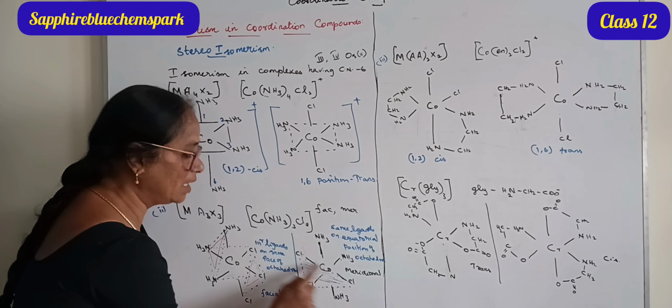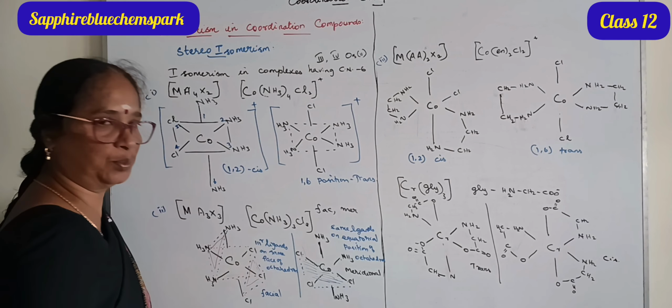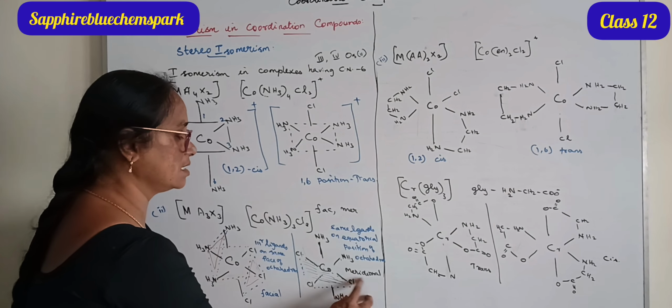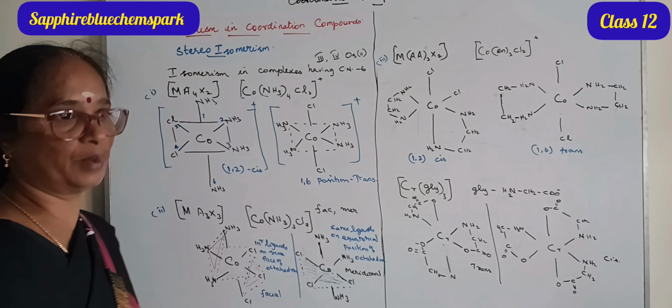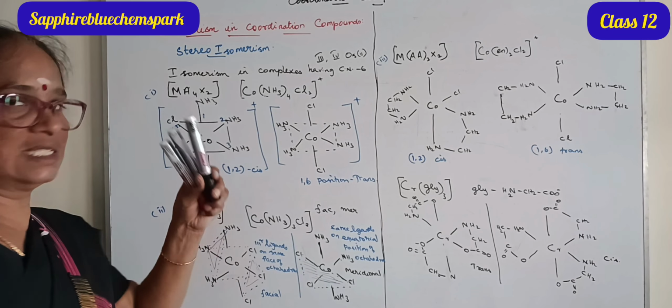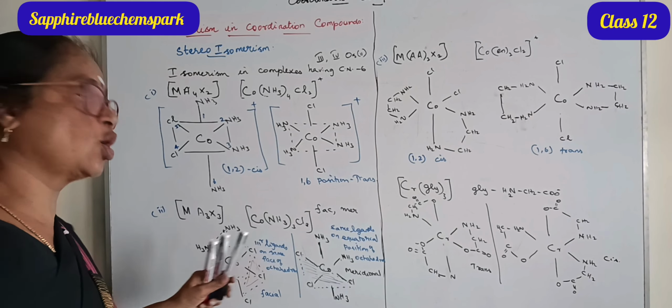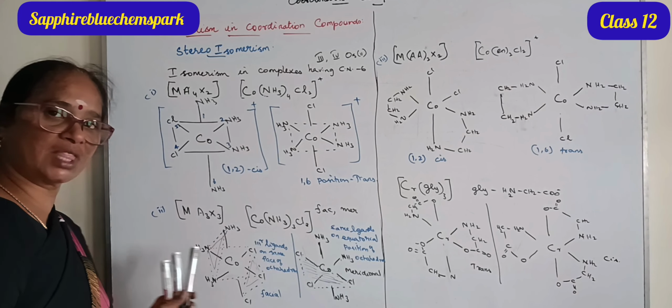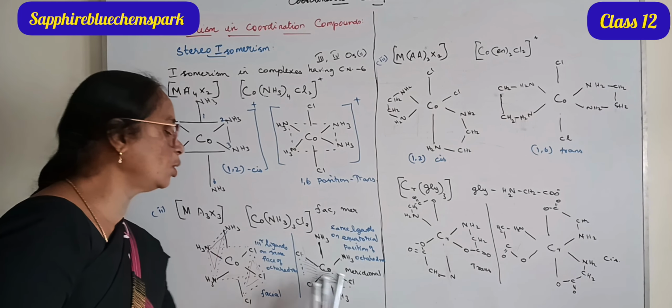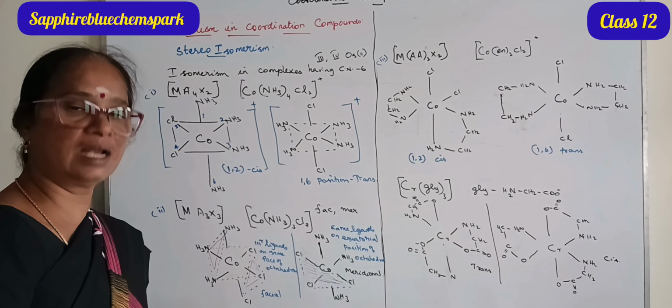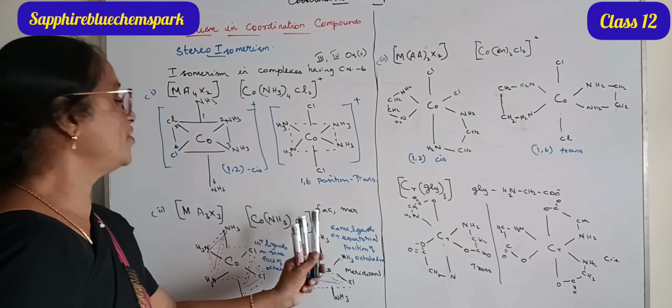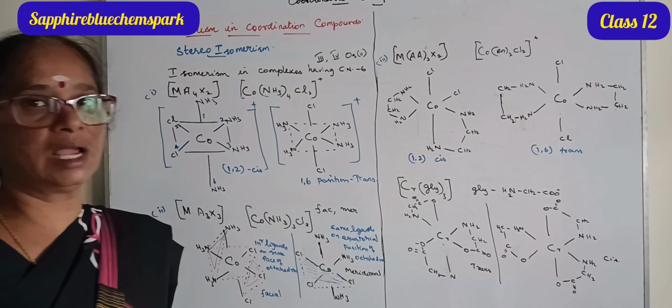When the same ligands occupy the equatorial positions, such complexes are said to be the meridional isomer. So depending on whether similar ligands occupy either the face of the octahedron or the equatorial position, they are classified as FAC isomer and MER isomer.